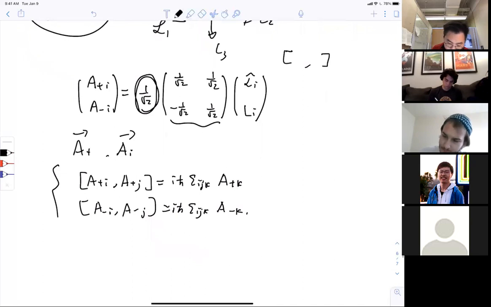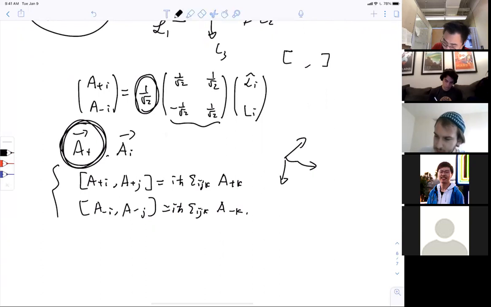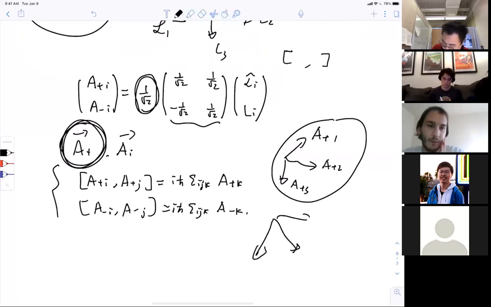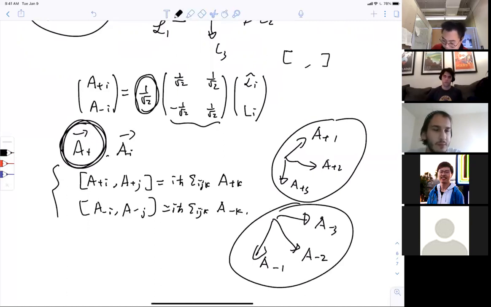You can see that if you are working within this space, basically the vector space spanned by A^+_1, A^+_2, A^+_3, you will always stay in this vector space. You won't jump to another space spanned by A^-_1, A^-_2, A^-_3. So they're kind of separate, and the total vector space is just a direct sum.